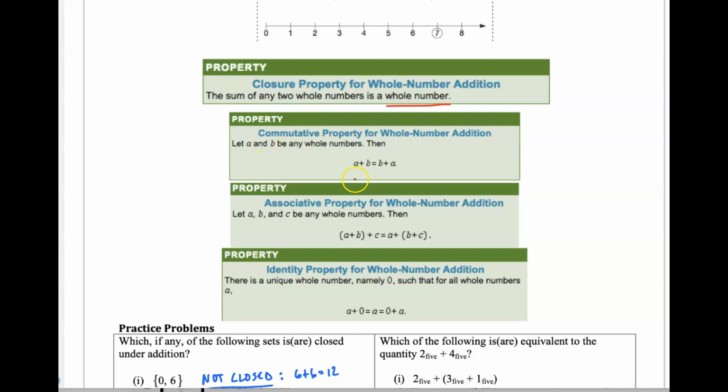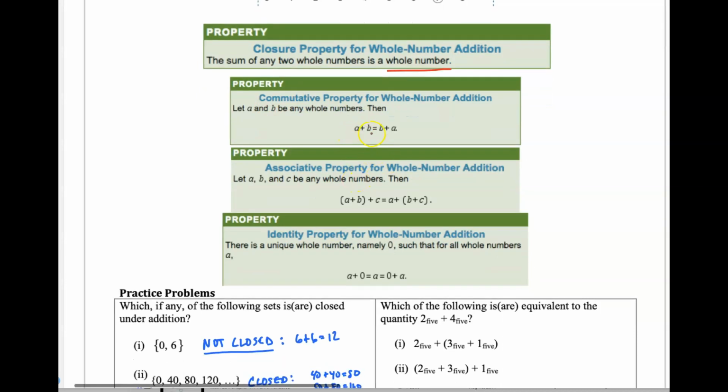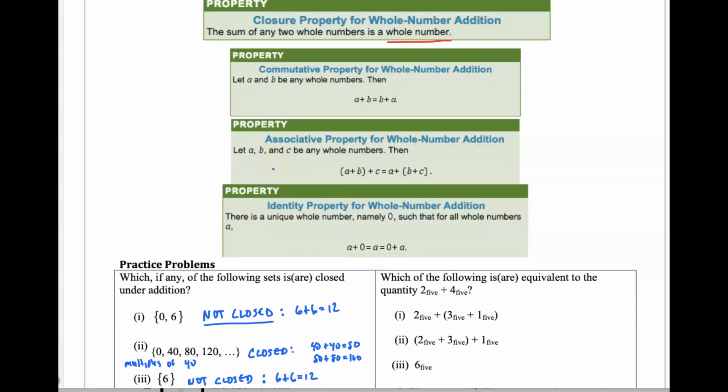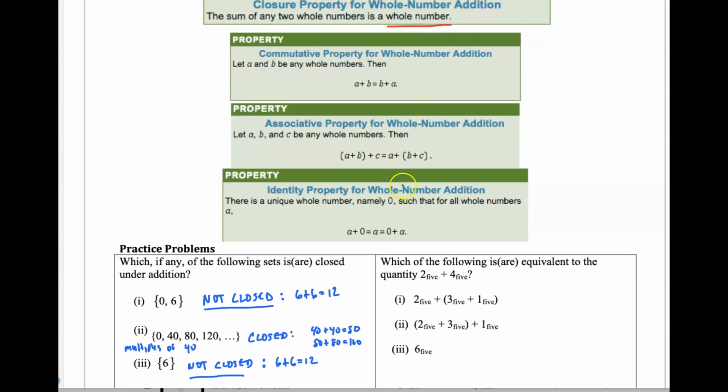We have the commutative property, A plus B equals B plus A. Children learn that soon in their practice of addition, that it doesn't matter the order. They learn the associative property, that you can mix and match the additions and it won't change the answer.